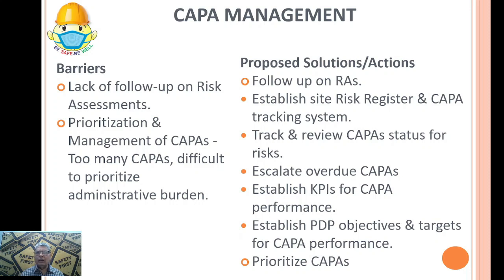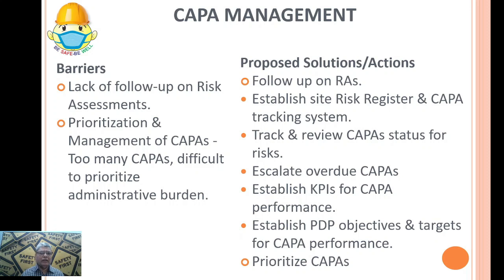So how to do the CAPA management? The first thing is, what are the barriers? So many a times there is a lack of follow-up on risk assessment. You do the risk assessment, but then you do not enter those assessed risks and hazards into the CAPA register or significant risk in the risk register. So you don't follow up that. Then there is a question of prioritization and management of CAPA.